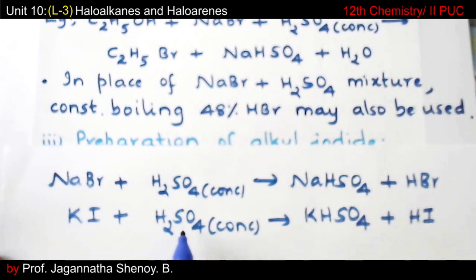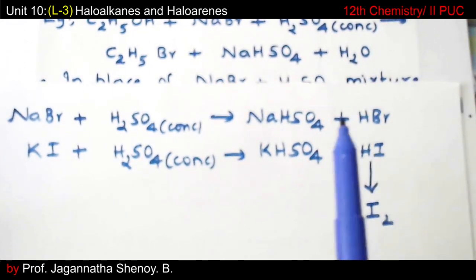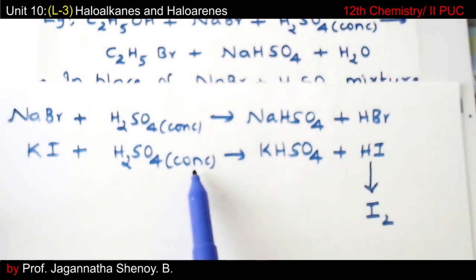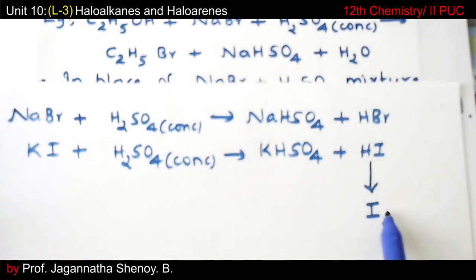But the problem with concentrated sulfuric acid is it's also a moderately powerful oxidizing agent. That's why it will oxidize formed HI to I2. Our aim is to get HI, but because concentrated sulfuric acid is a moderately powerful oxidizing agent, formed HI would undergo further oxidation to I2.